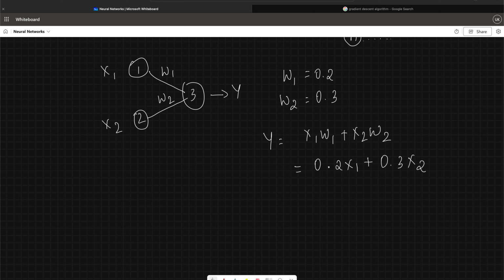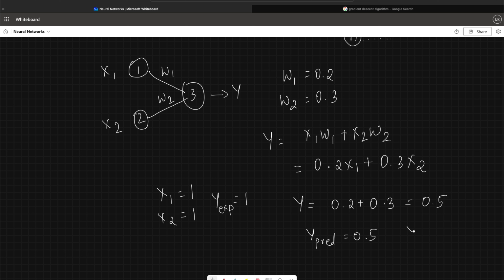For simplicity, let's assume X1 is 1 and X2 is 1, and the expected value of Y, Y expected, is also 1 for now. If we do the calculations, we get 0.2 plus 0.3, which is 0.5. This is the Y predicted, which is 0.5, and the Y expected is 1. If you see, there's a difference between these two.